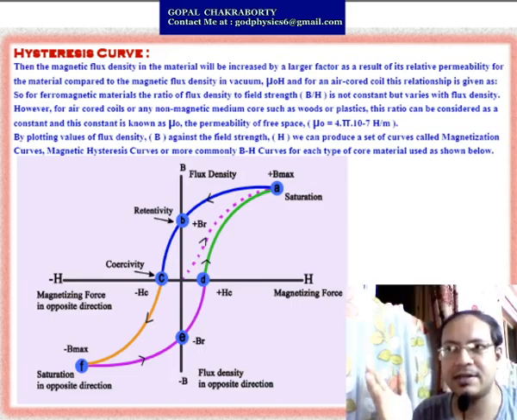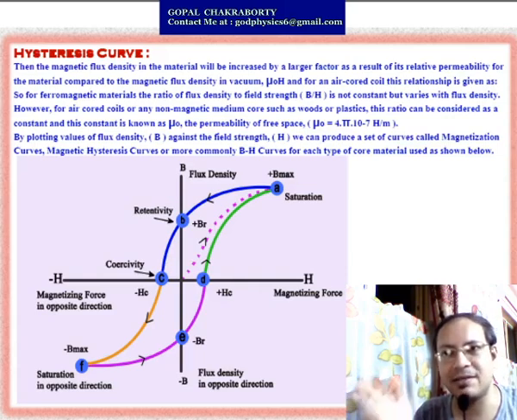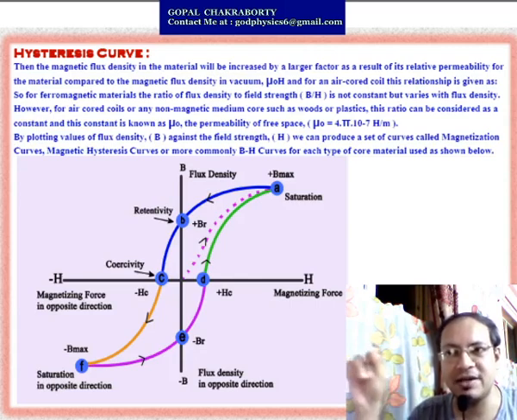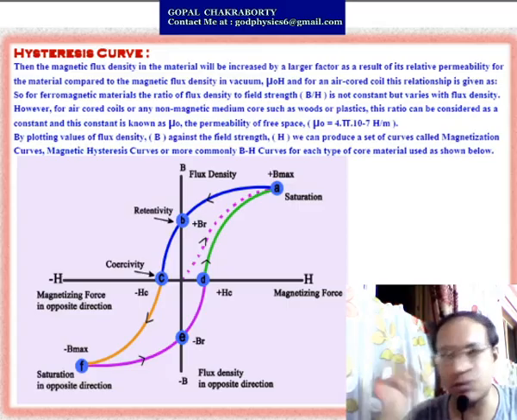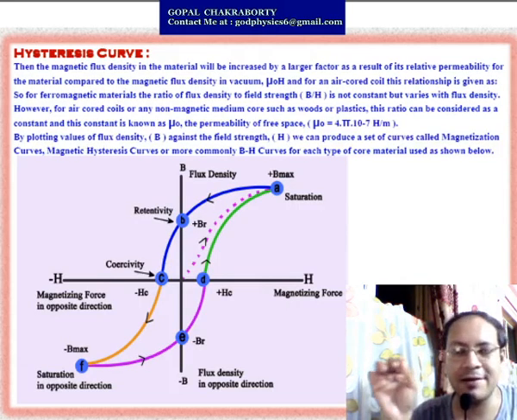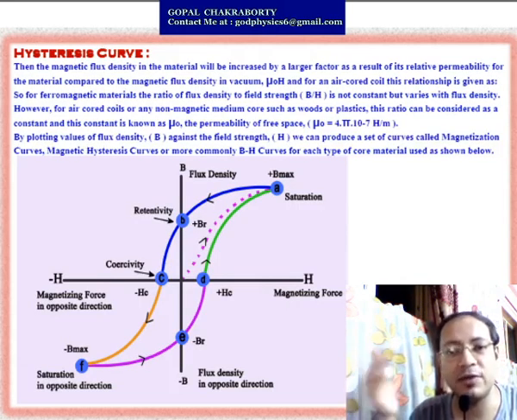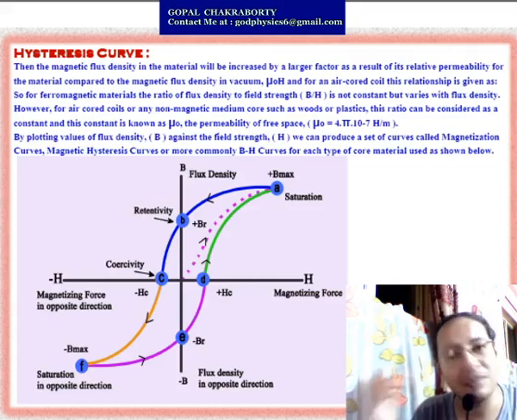You can see that if you increase the magnetizing force, or magnetic field intensity H, the B will also increase. It follows the dotted line, and after reaching a maximum it will be constant. Now if we withdraw the magnetizing force, B will also reduce, but it doesn't follow the previous path.